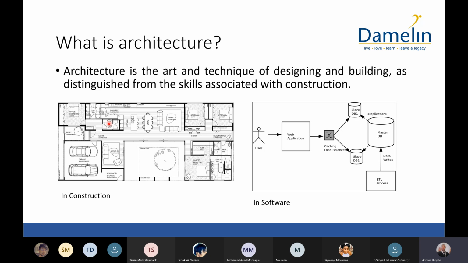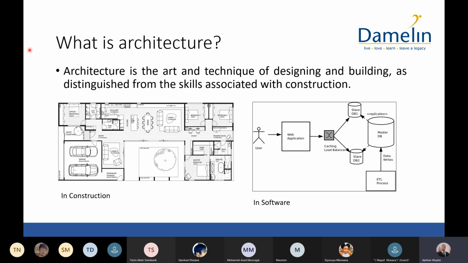So in a sense, architecture in construction and in software share similarities. But when we're talking about architecture in software, we're not really looking at the design aspect of things. We are more concerned about how these different components will be able to send each other messages. Remember, when we're building software, we break it up into components. So the big concern is how these components are communicating with each other.